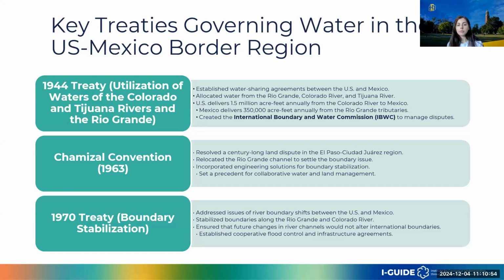The US has to deliver about 1 million acre-feet of water in the Rio Grande and Colorado River to Mexico, and Mexico has to deliver about 350,000 acre-feet annually from the Rio Grande to US soil.